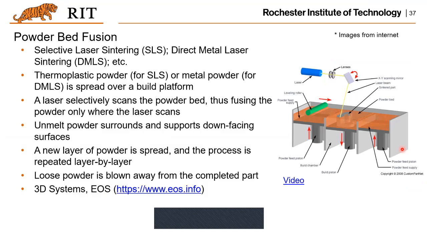Basically, these are very interesting additive manufacturing processes for industry production, like at GE Aviation, right? They produce aircraft engine parts using powder-based processes. 3D Systems and EOS are the main players, and I will introduce some of the details later.